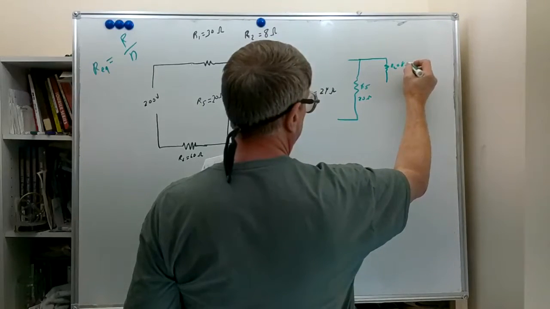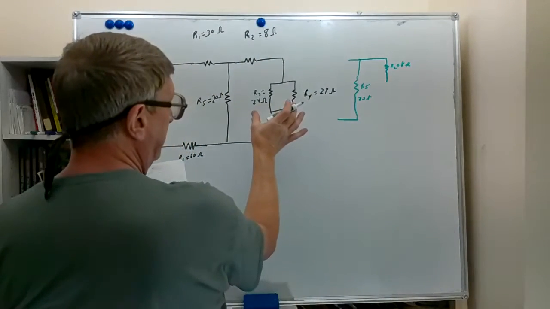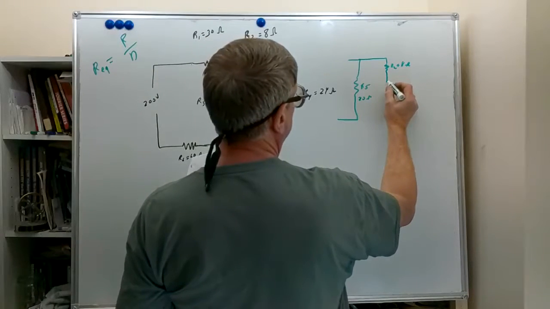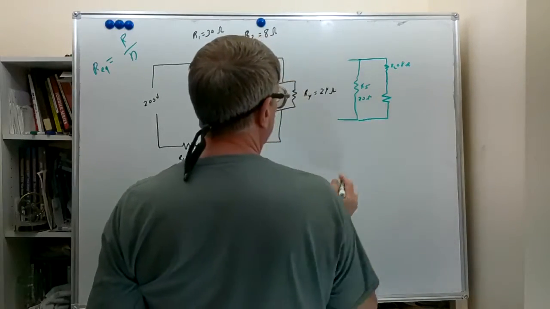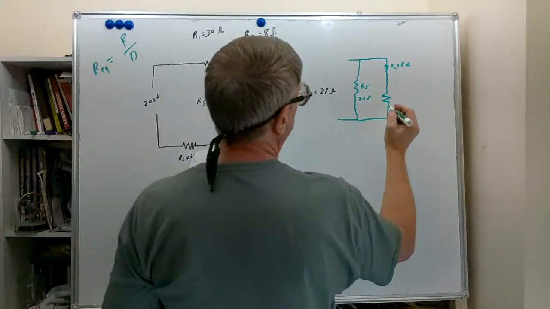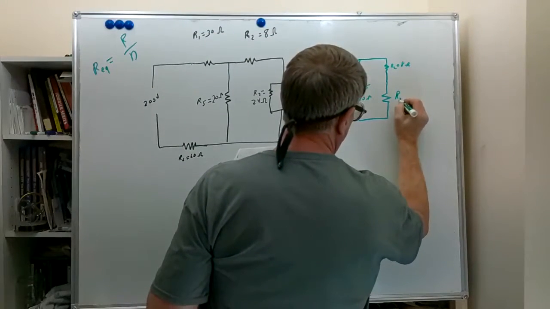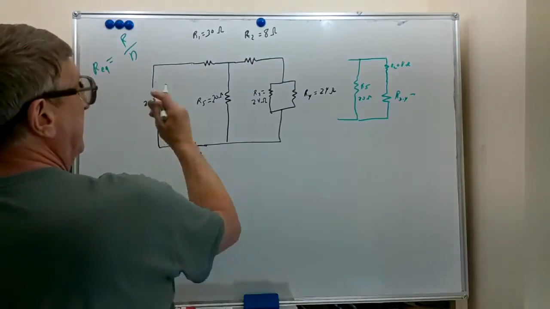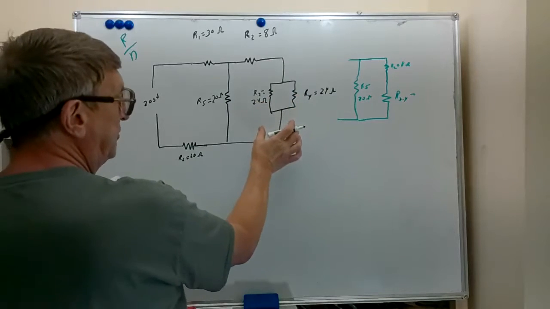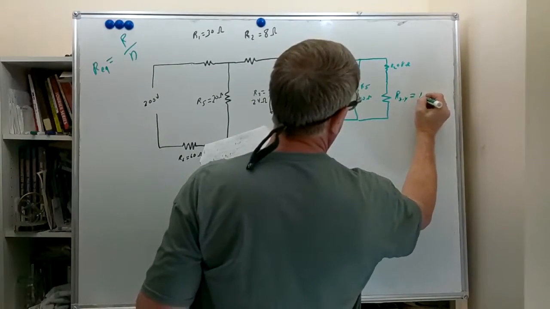Then we're going to make a single resistor to replace this. We're going to call that R34, R3-4, and we used the formula. We said that 24 divided by 2 is 12 ohms, so that has an equivalent resistance of 12 ohms.